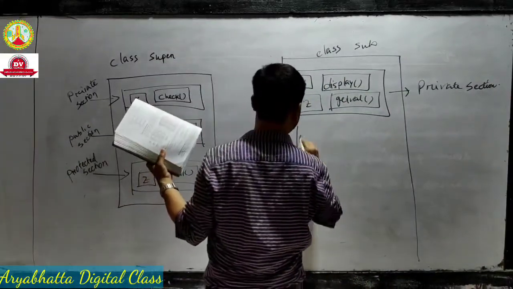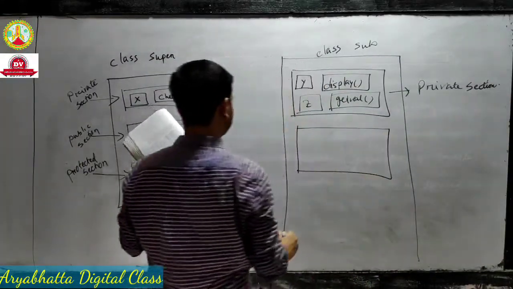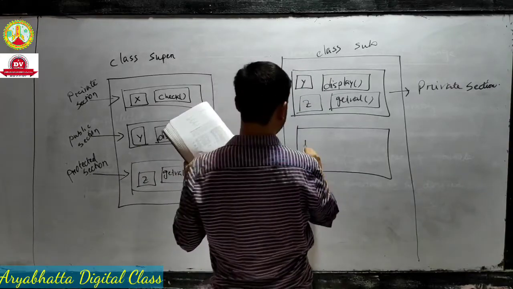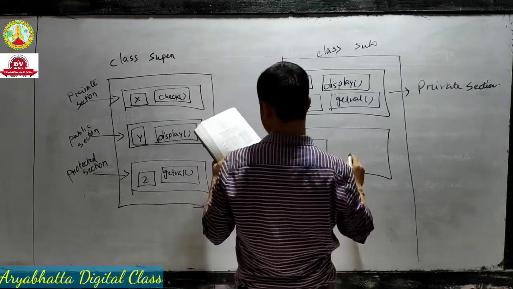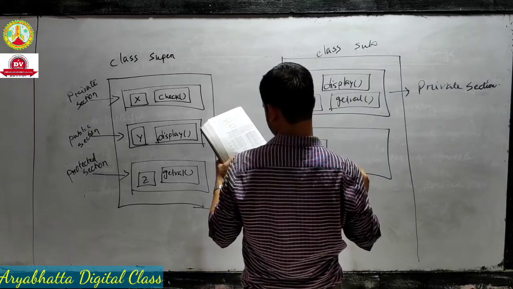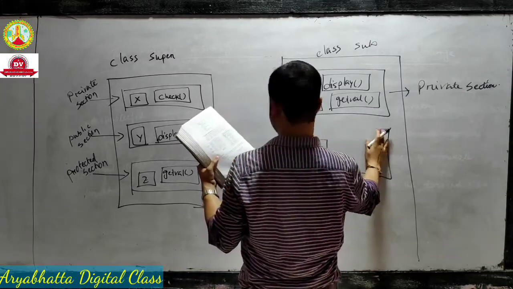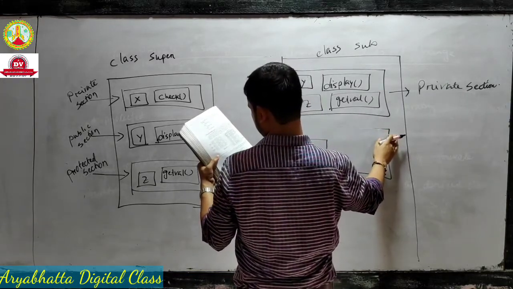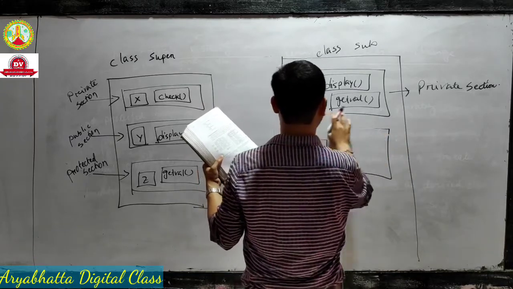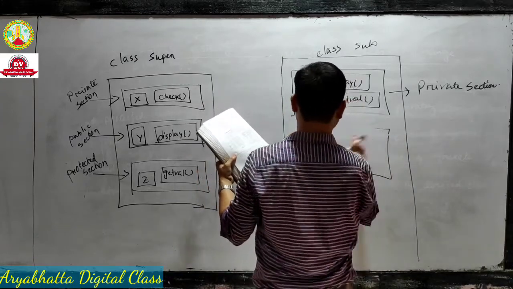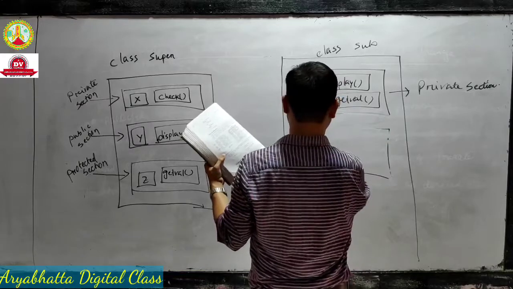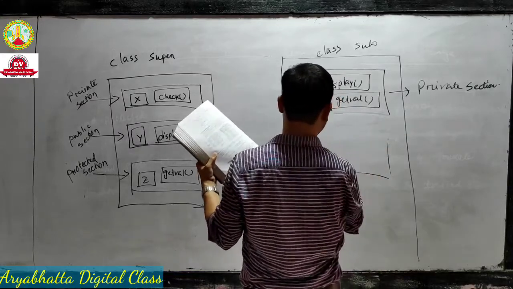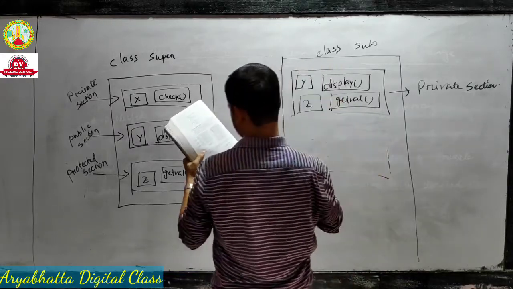Actually there are three functions. Okay, three functions. In the private section there will be three functions. This will only be accessed as private. That's why there will be three functions.